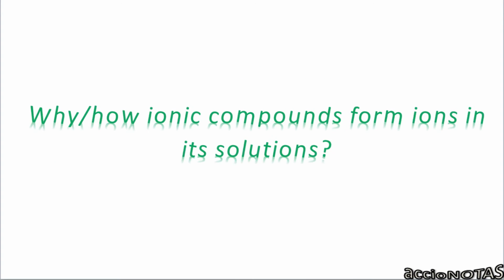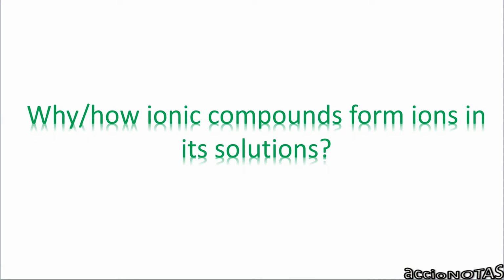Why and how do ionic compounds form ions in solution? To answer the question and also to understand the question, first of all we have to understand the properties of the solvent we are trying to dissolve our ionic compounds into.